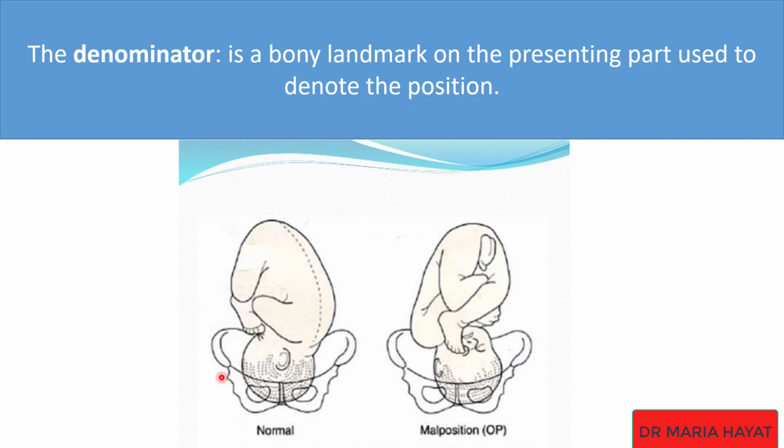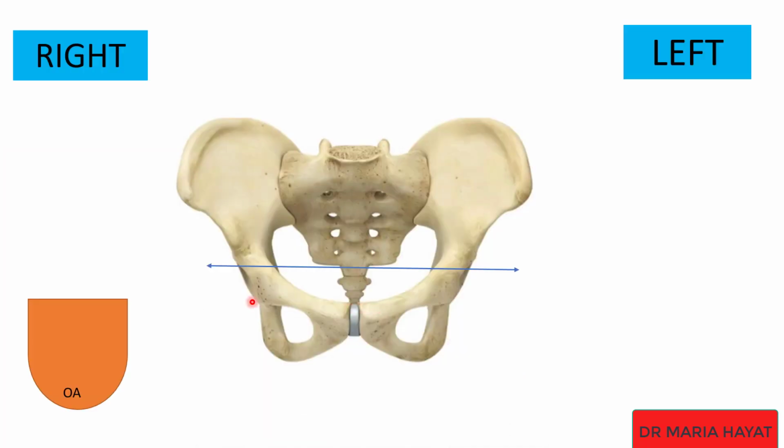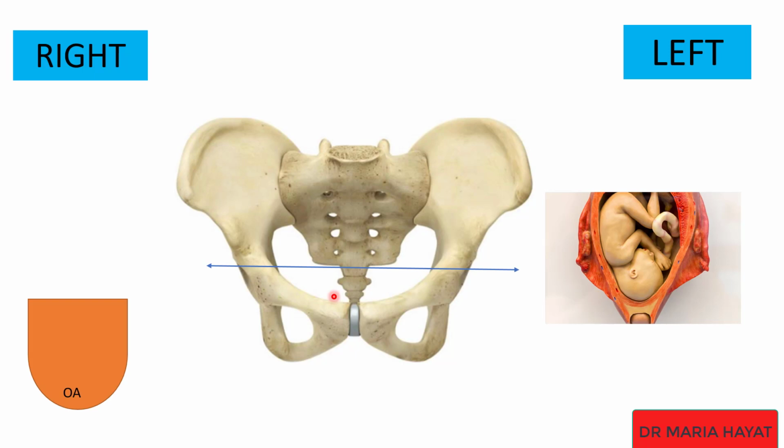So first of all, we will talk about what the normal fetal position is. In simple words, if we divide the maternal pelvis in two parts, this is the posterior part and this is the anterior part. First of all, we have to name the presenting part. If the presenting part is vertex, then you will choose the occiput.